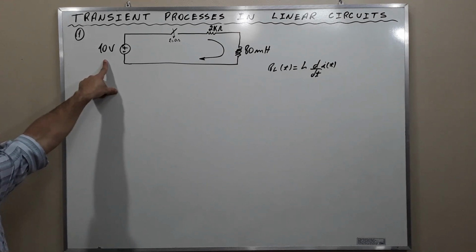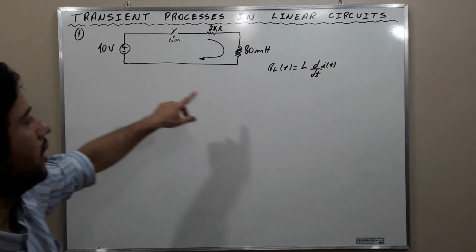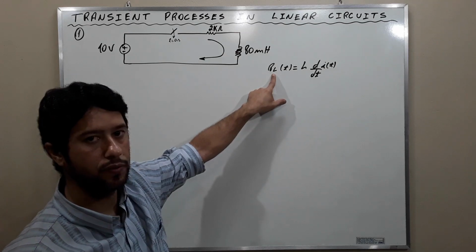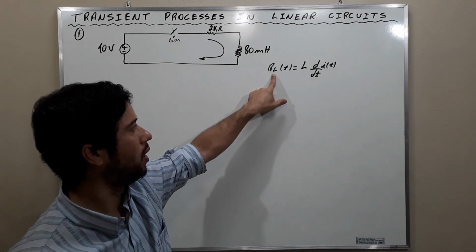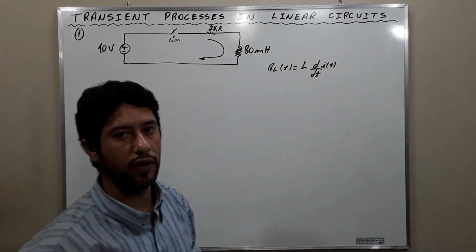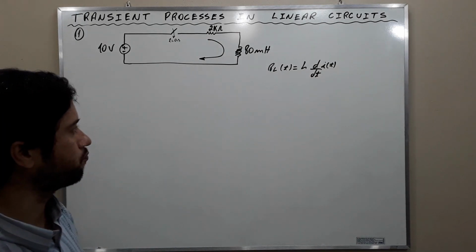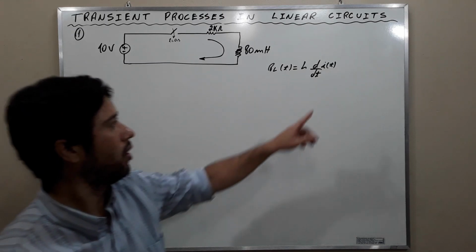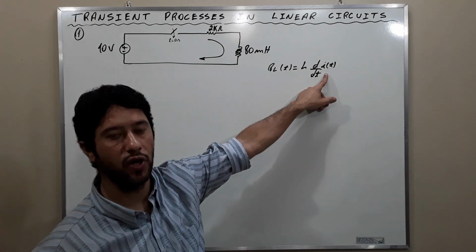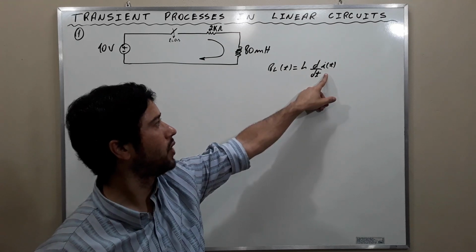The source is DC, and there will be voltage across the inductor only when the current is varying. In steady state, the current does not vary anymore.